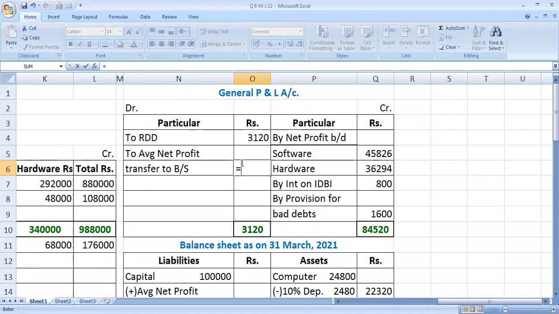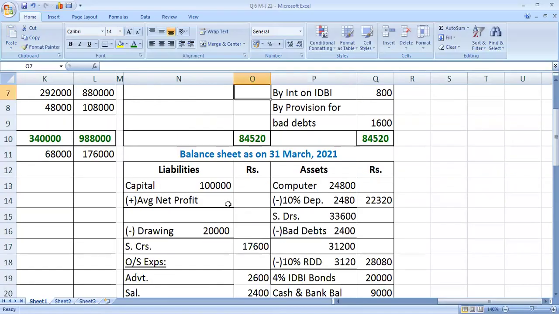Credit side minus debit side, 84,520 minus 3,120, 81,400 is the net profit that is transferred to balance sheet liability side, add in capital.